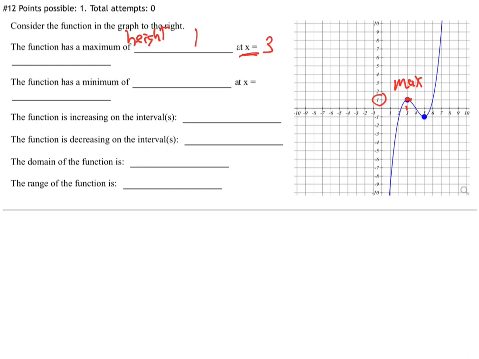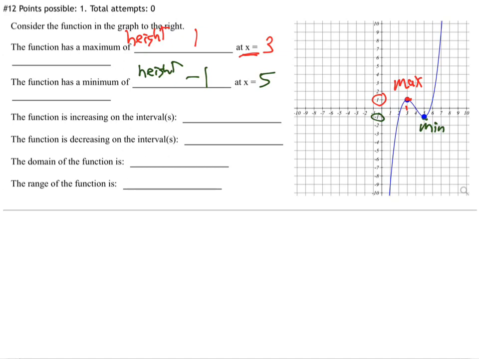And then the next one, here is a minimum. Okay, and what's the minimum height? Yeah, -1, right? That's it, -1. At x equals, yeah, is that 5? 5. Yeah, 5. Good so far?